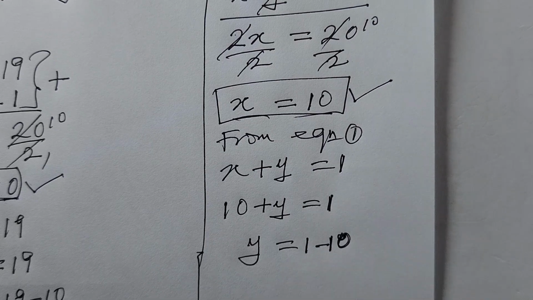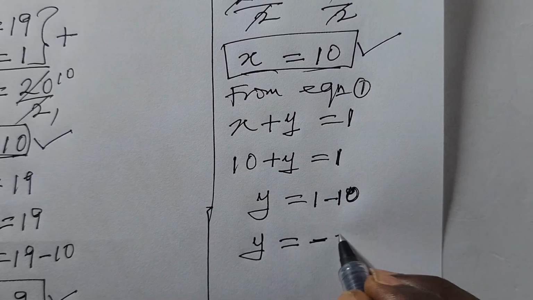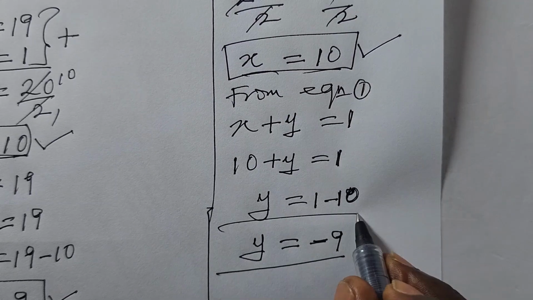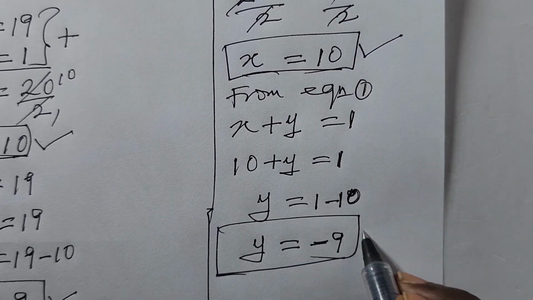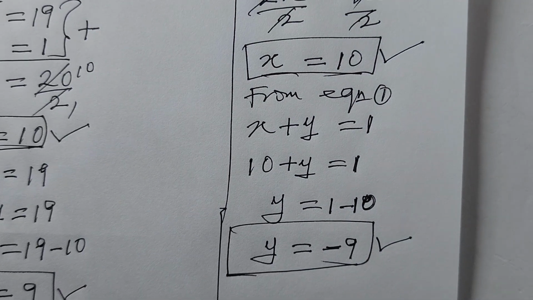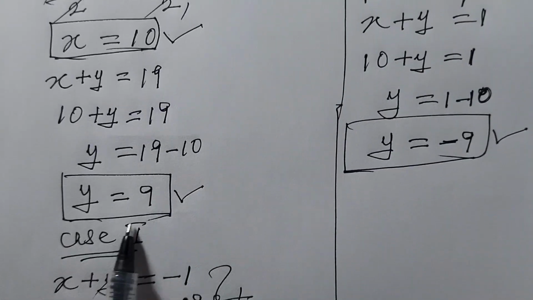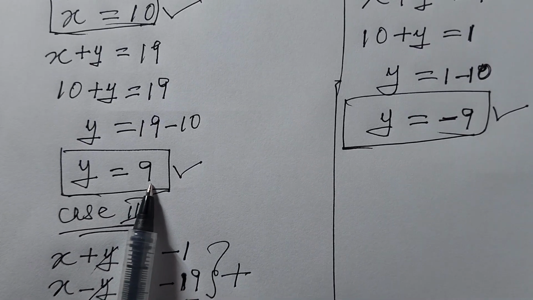So y is equal to minus 9. Now see the difference between the pairs of solution for case 1 and case 3. They are different. Y is negative, meanwhile y in case 1 is positive.